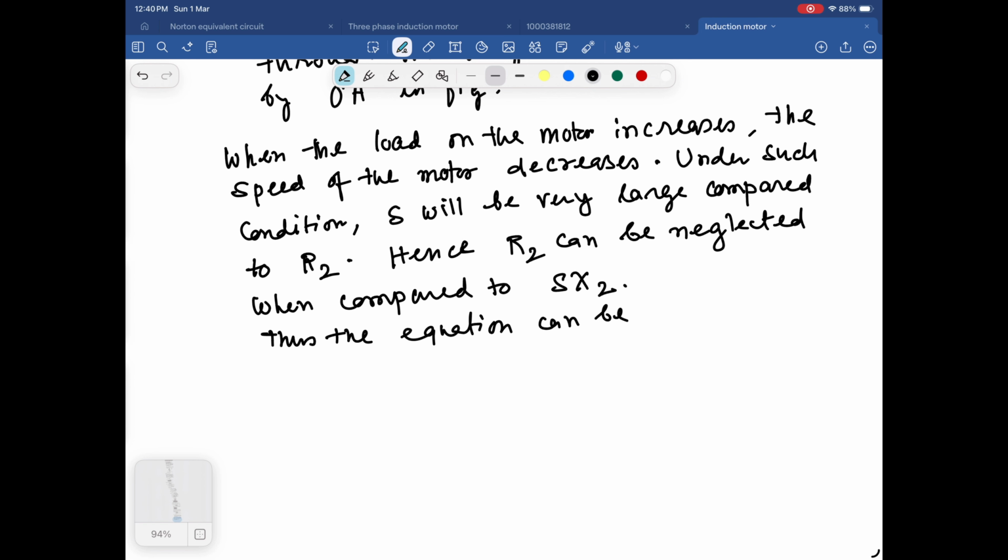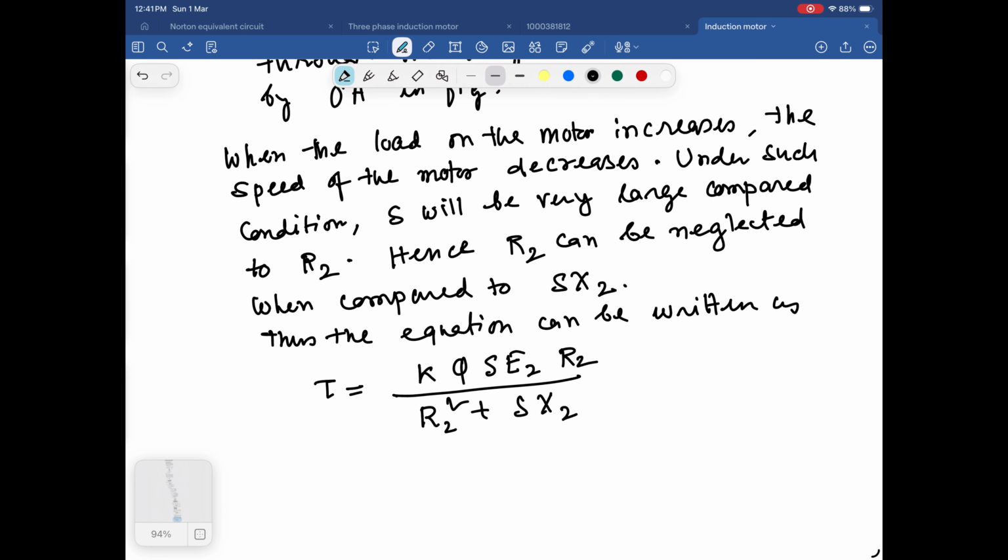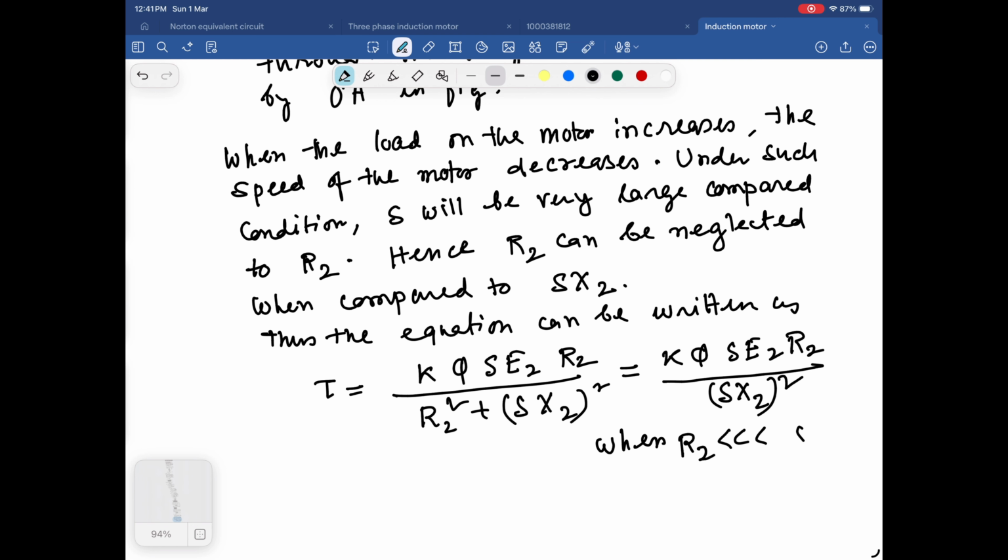So we can write the torque equation again. Torque is equal to K phi S E2 R2 by R2 square plus S X2 whole square. So we will neglect R2. So it will be K phi S E2 R2 by S X2 square.